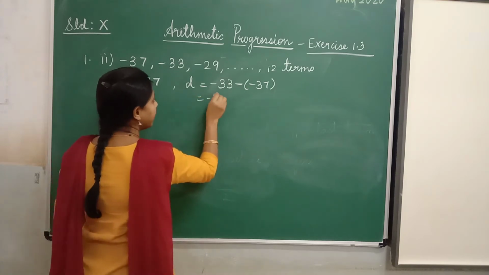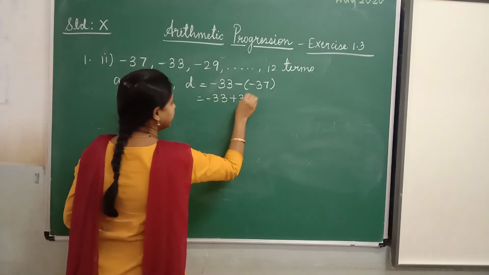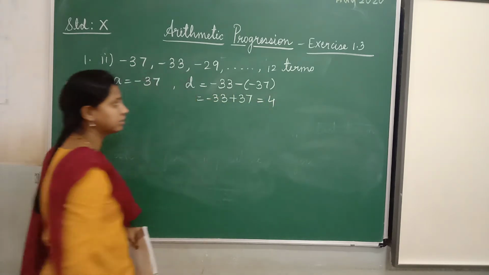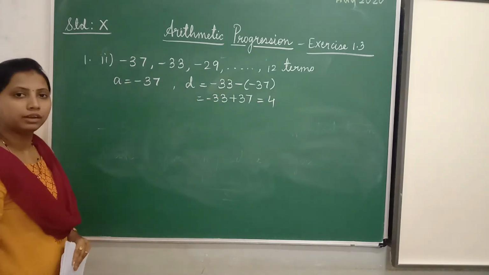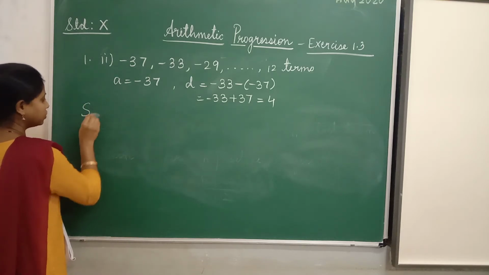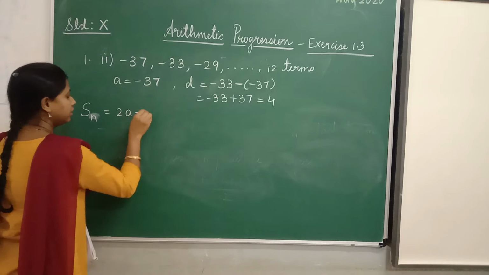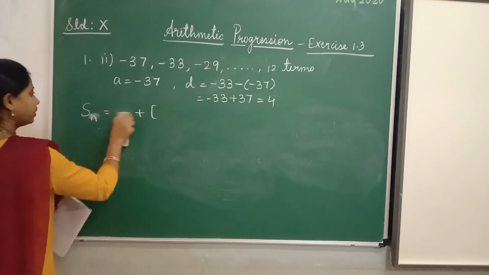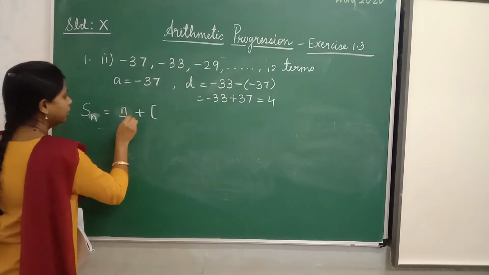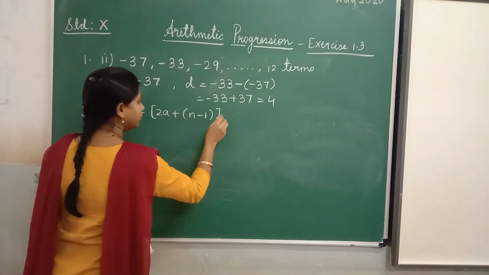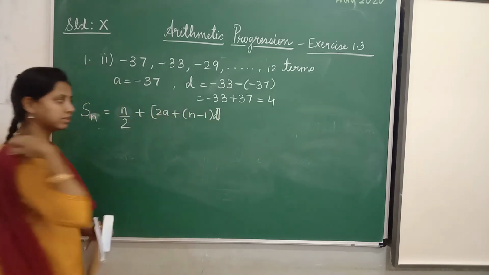That is you get minus 33 plus 37, that is equals to 4. So 4 is the difference. Now write the formula. Sn is equals to n by 2 into 2a plus n minus 1 into d. Okay, this is the formula.